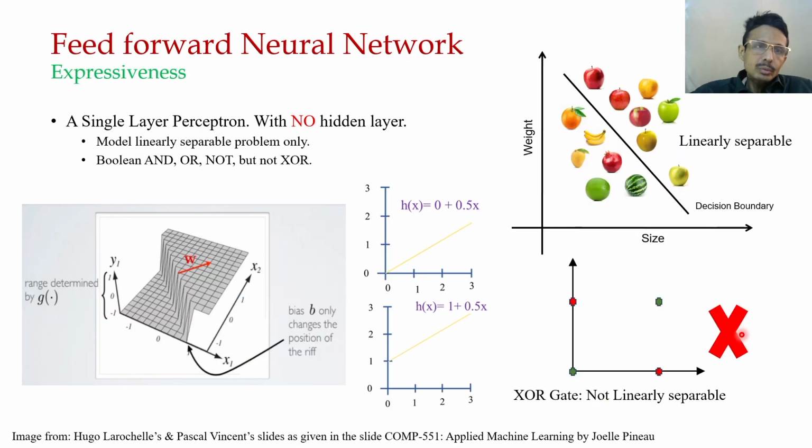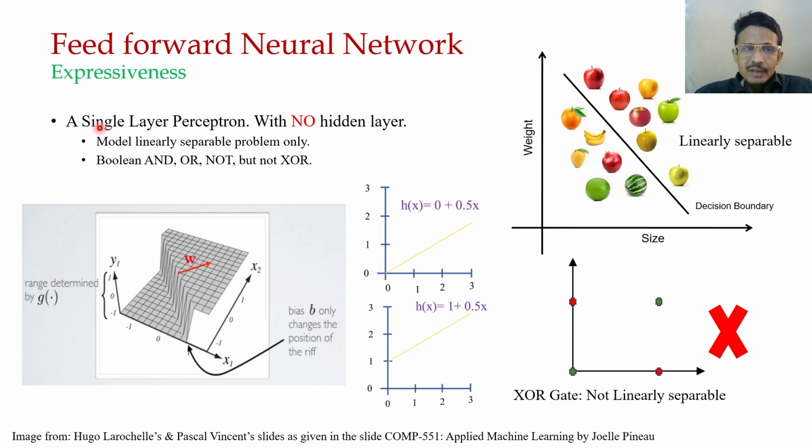Now we have to understand what the strength of the multi-layer perceptron is over the single layer perceptron. This is called the expressiveness of the model. We can say the multi-layer perceptron is more powerful than the single layer perceptron, that the expressiveness of the multi-layer perceptron is more than the single layer.